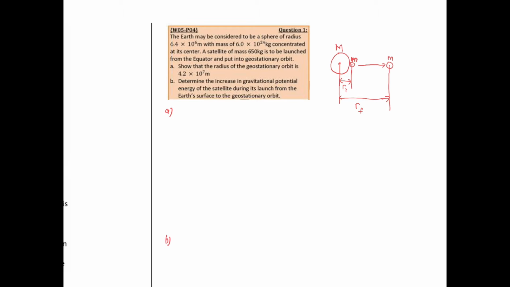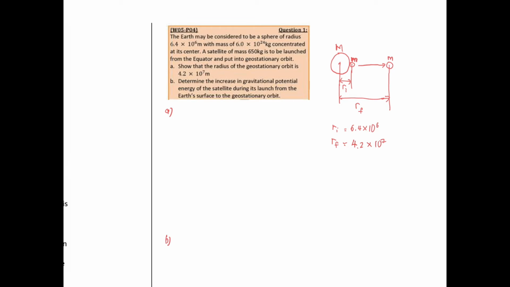So you have to know that Ri is just the radius of the Earth, which is 6.4 times 10 to the power of 6. The Rf is the radius of the geostationary orbit, so it is 4.2 times 10 to the power of 7, which is the value that we want to show.